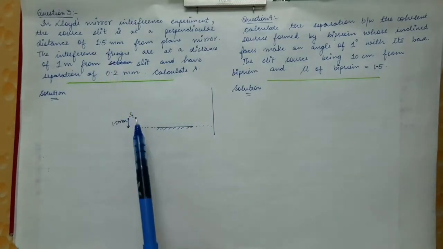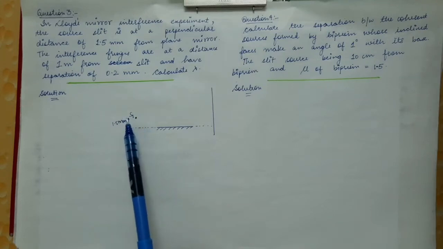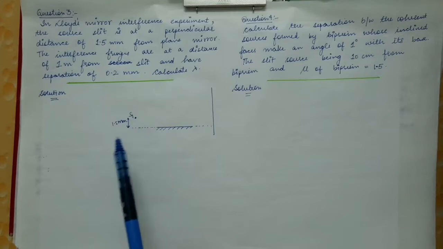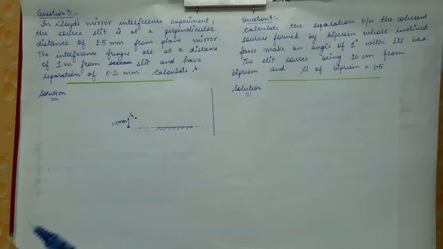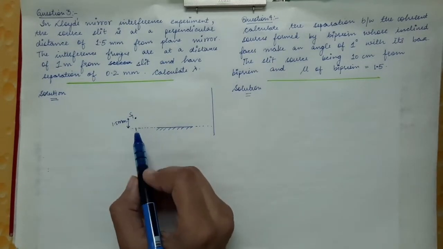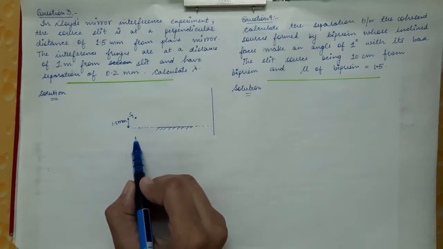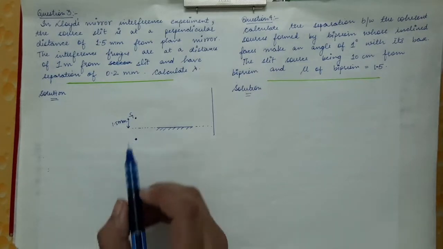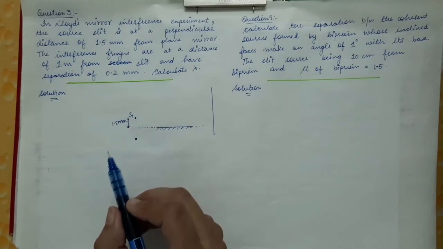Now we are given that this source S1 is the real source. It is at a perpendicular distance of 1.5 millimeter from the plane mirror. And we had seen in the topic of Lloyd single mirror that a virtual image of this source is formed directly below S1, at an equal distance from the plane mirror.